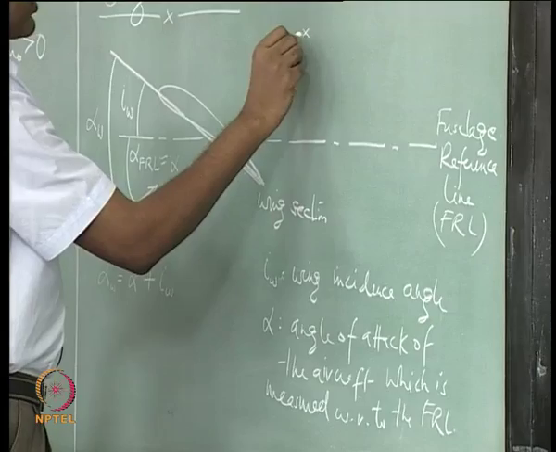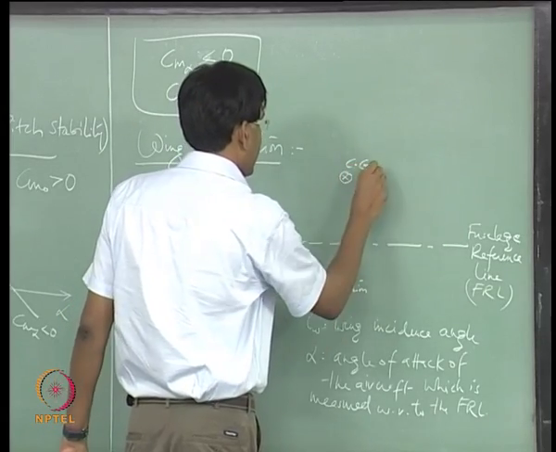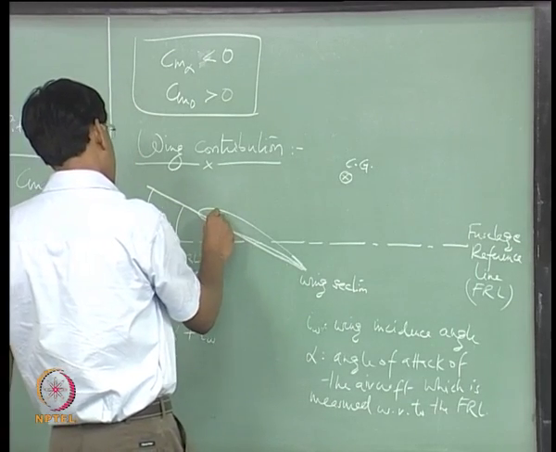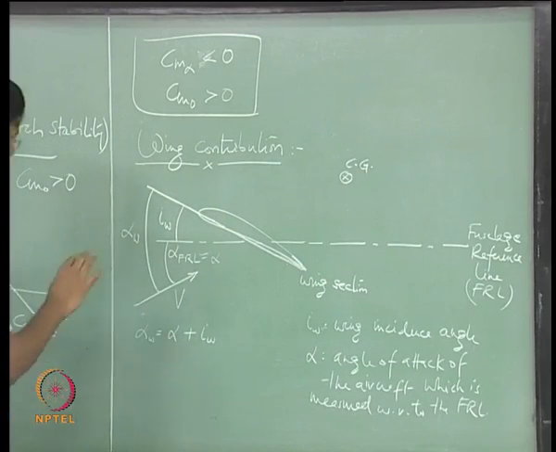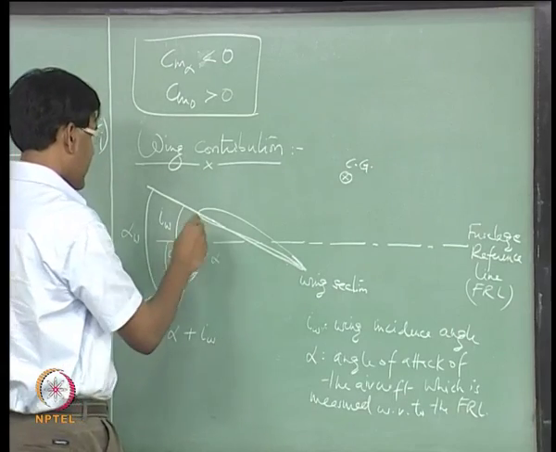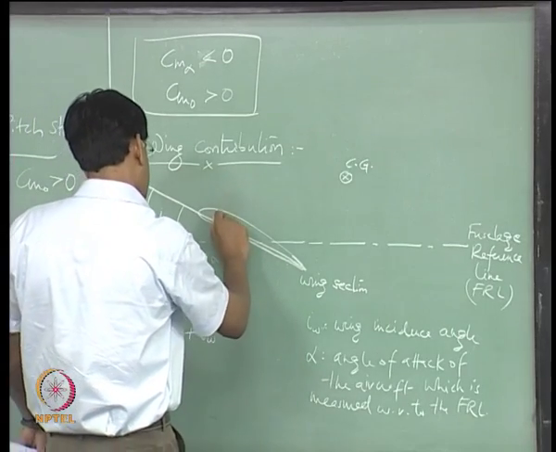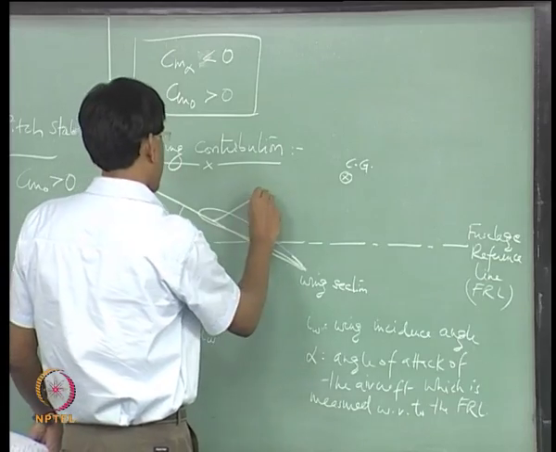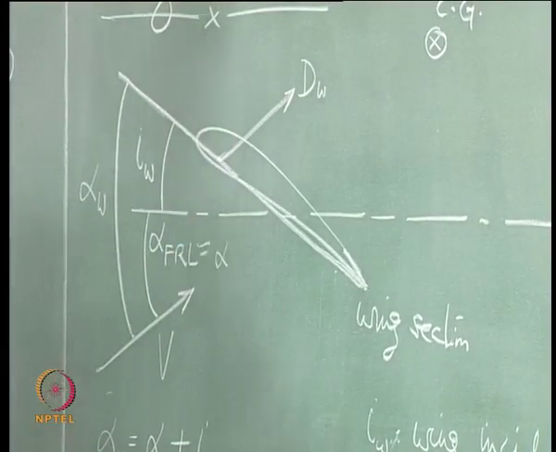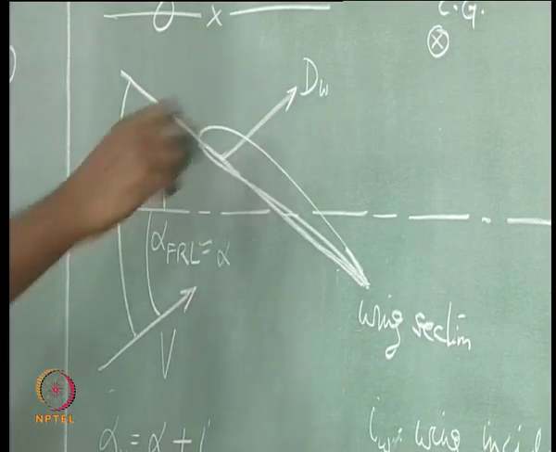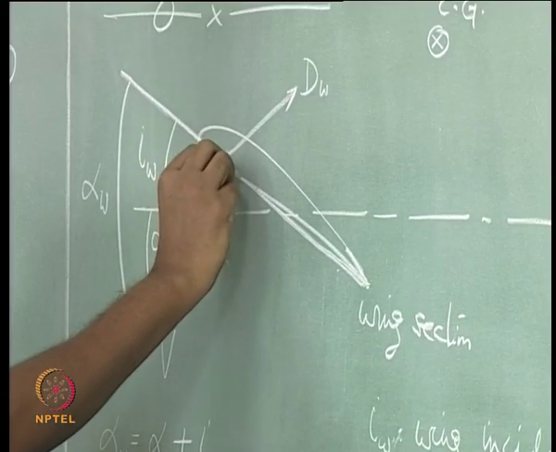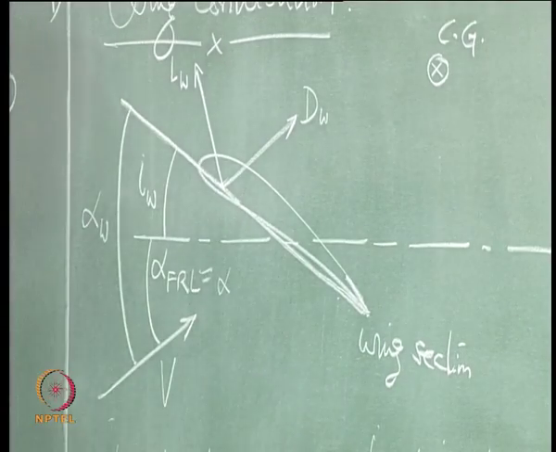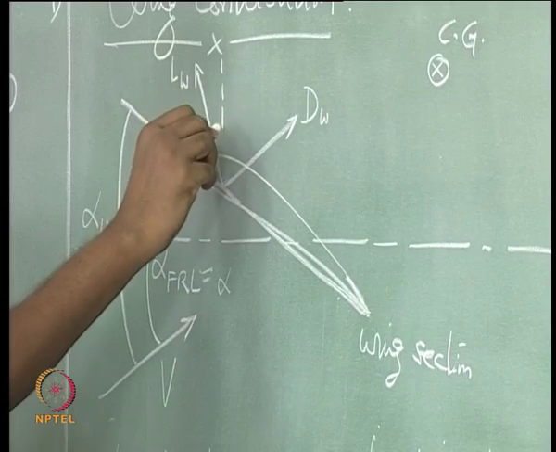So, we will define CG somewhere here to start with, and we take the aerodynamic center of the wing at quarter chord in this simple formulation. So, DW is the drag due to the wing, and LW is the lift created at the wing.